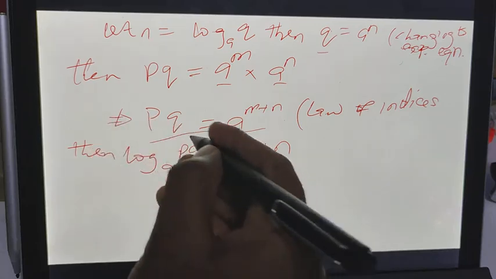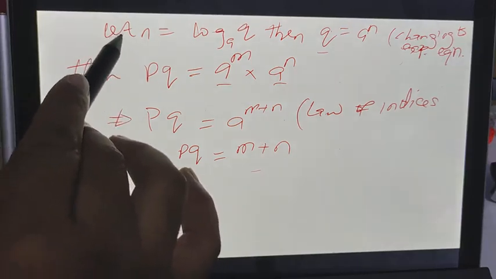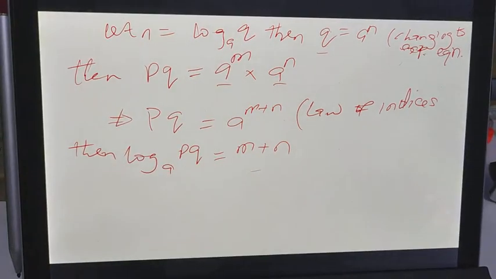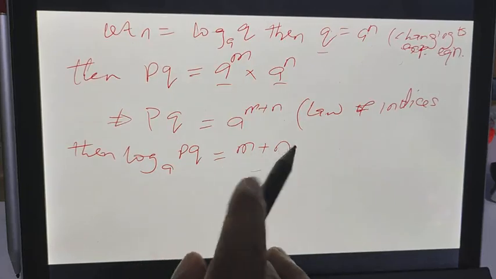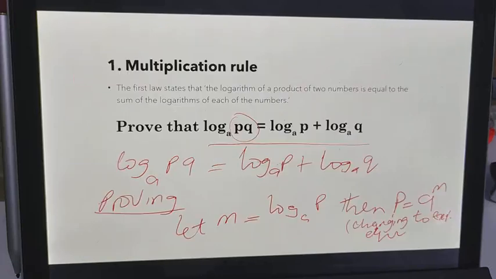So reaching this far, remember previously we said let n be equal to log q base a, and we also said let m be equal to log p base a. We are just going to substitute those in.